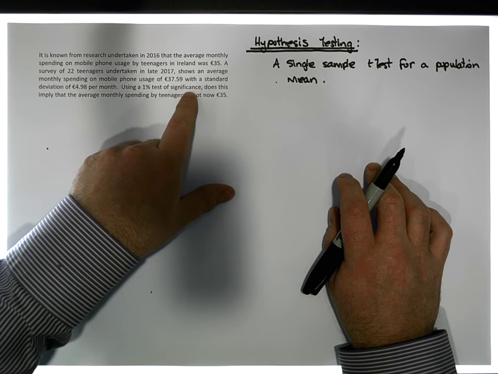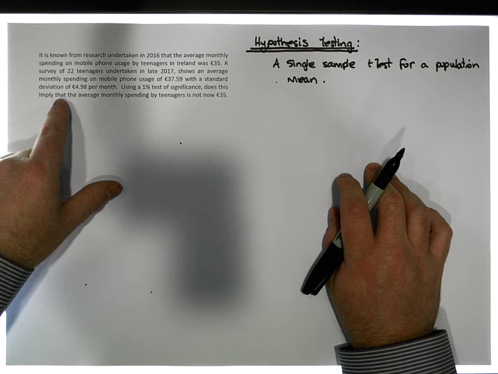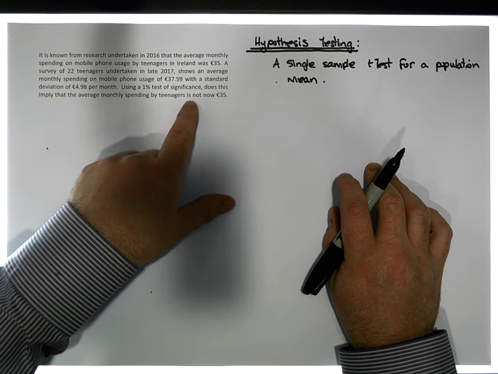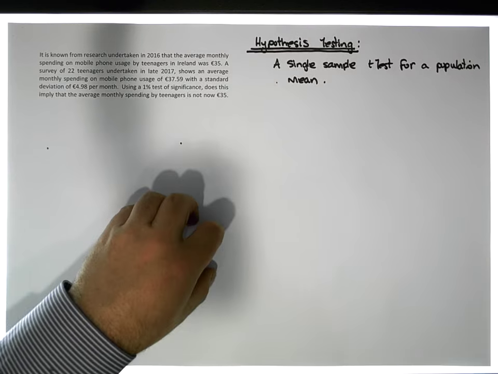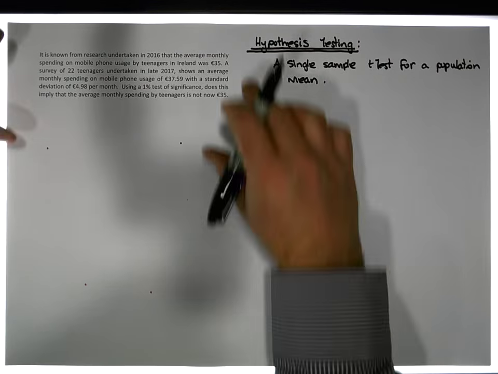Using a 1% test of significance, does this imply that the average monthly spending by teenagers is not now €35? I think the important thing when we're presented with a particular scenario is to try to extract out all the information.